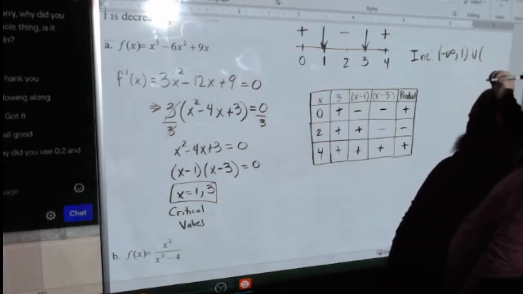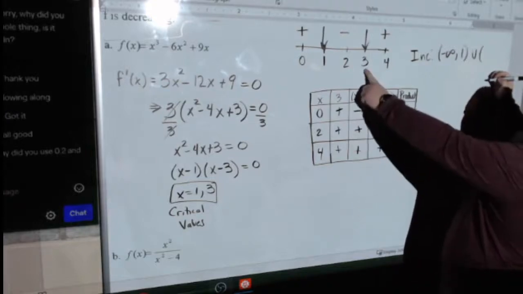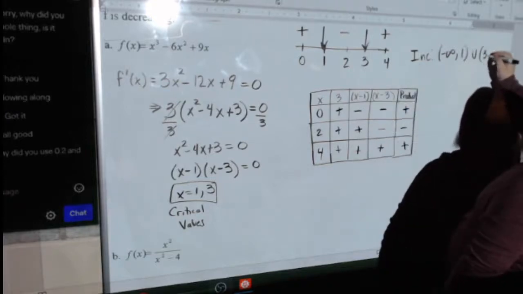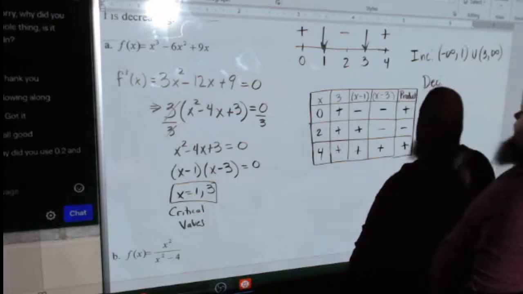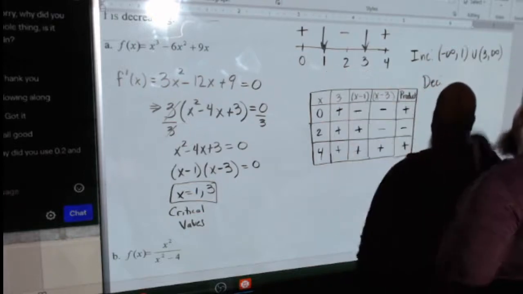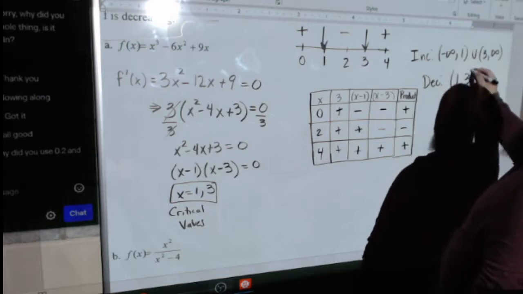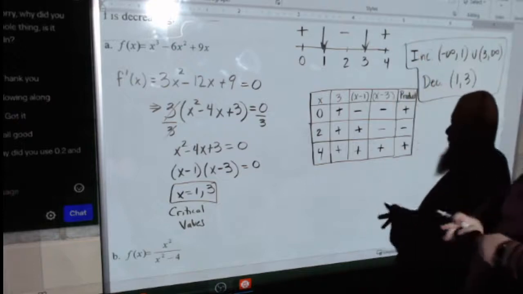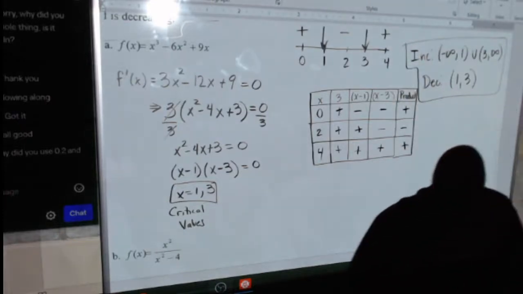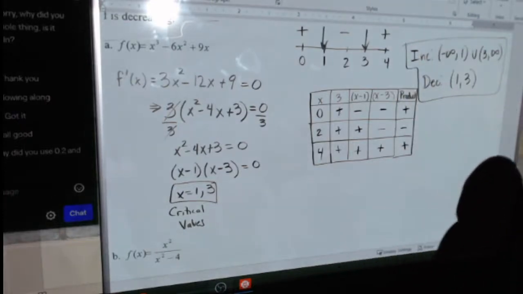It's also increasing from 3 to infinity. It is decreasing between the two critical values, 1 and 3. You should never use brackets for these. You should always have parentheses.